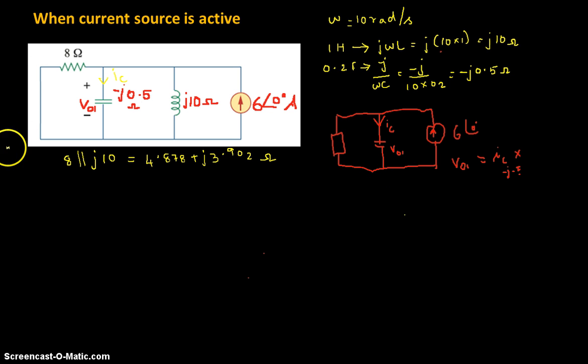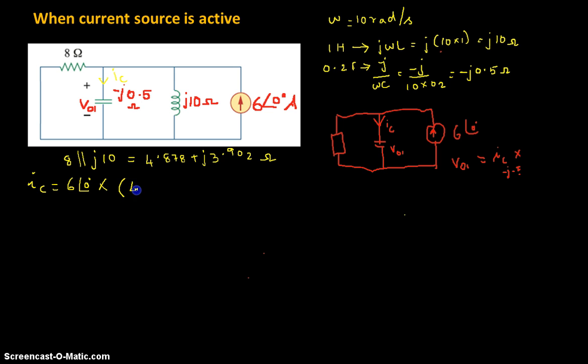So let us apply the current division rule. The current IC will be equal to the total current, 6 angle 0 degree, into, we have to use the opposite impedance. We want to find the current here, so we have to take the opposite impedance.